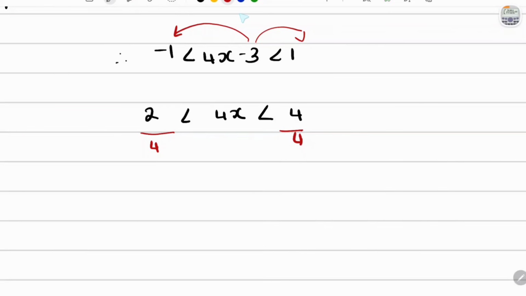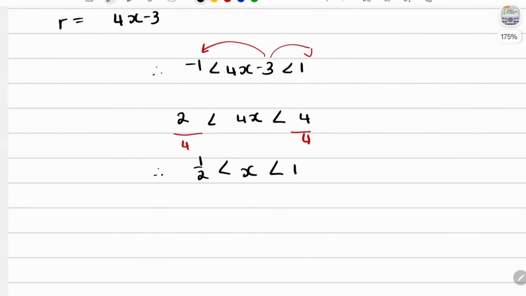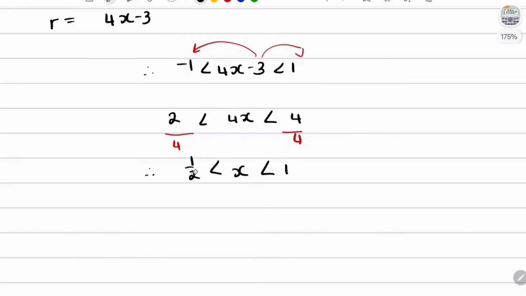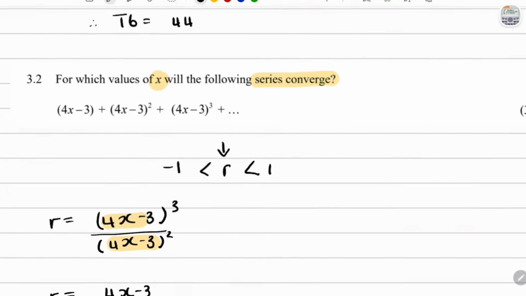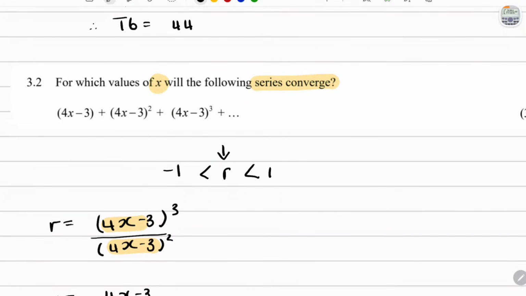We get that x is 2 over 4, which is 1 over 2, and 4 over 4 is 1. So those are the values of x for which the series will converge. If x is greater than a half but less than 1, your series here will converge.